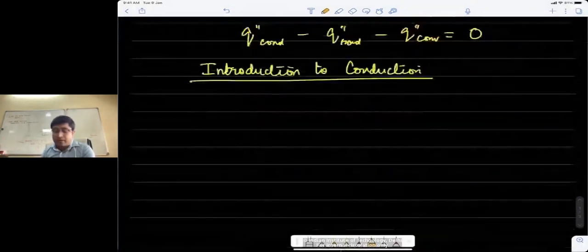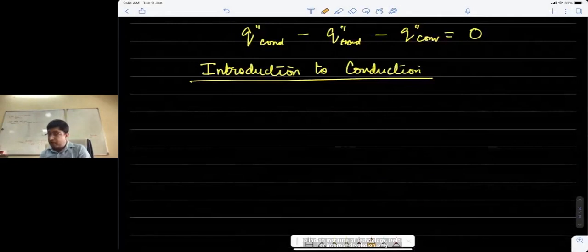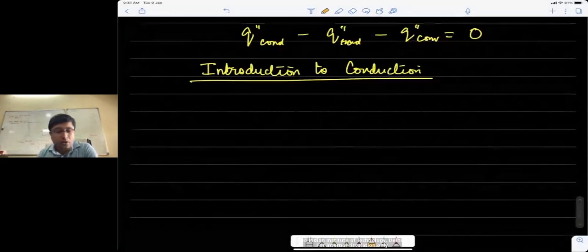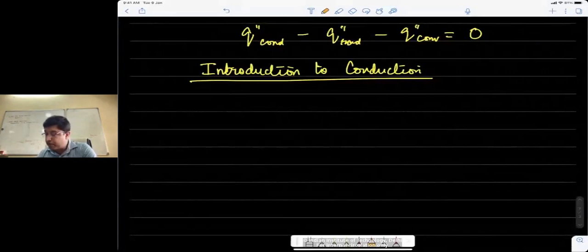Okay, so let's go to conduction now. Remember, we spoke about conduction as a transport of energy because of some random motion, random molecular activity, which primarily happens because of the presence of a temperature difference.